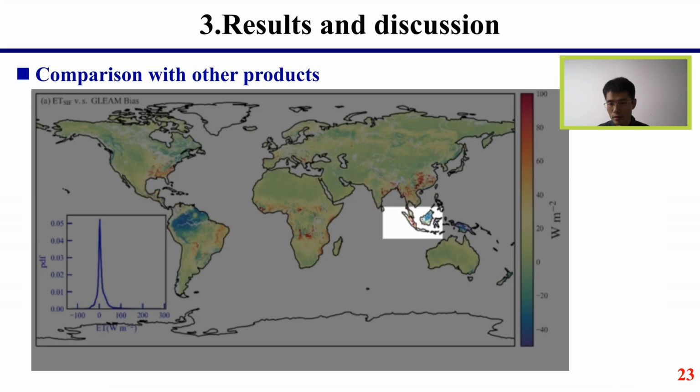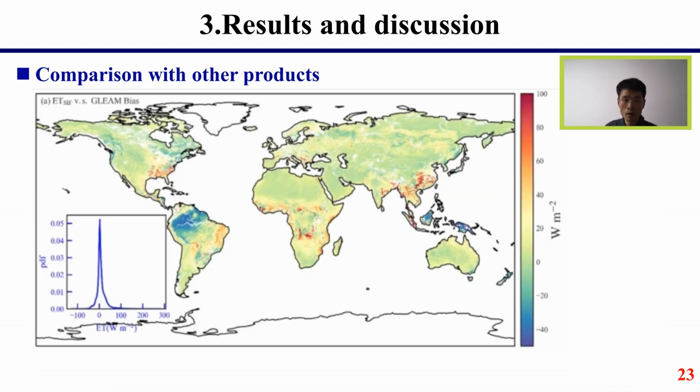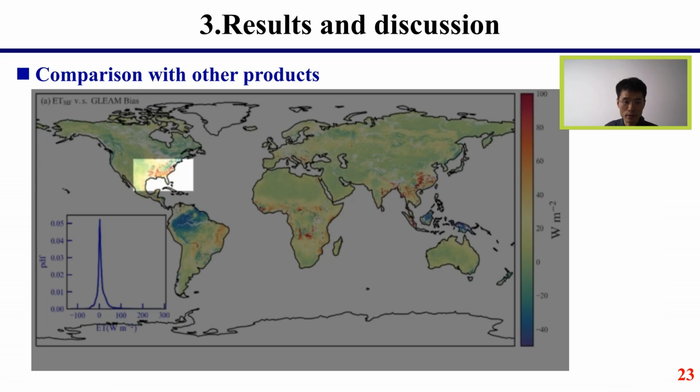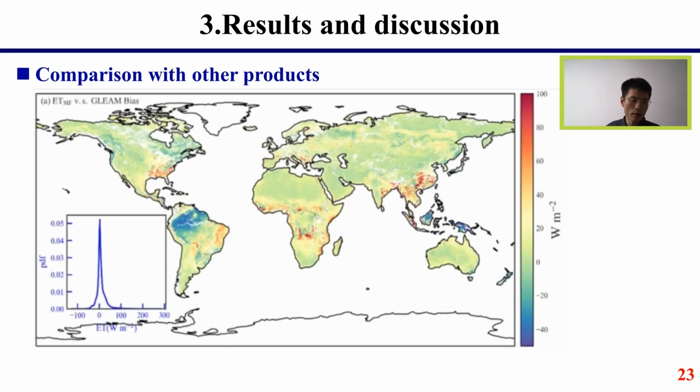Here the difference can be as high as 6 watts per square meter. The difference is very high. And also here in the United States, the difference is also very high. If we look at the PDF, the difference is mostly centered around 0. So for these two products, our ET and the GLEAM ET, they are kind of similar.